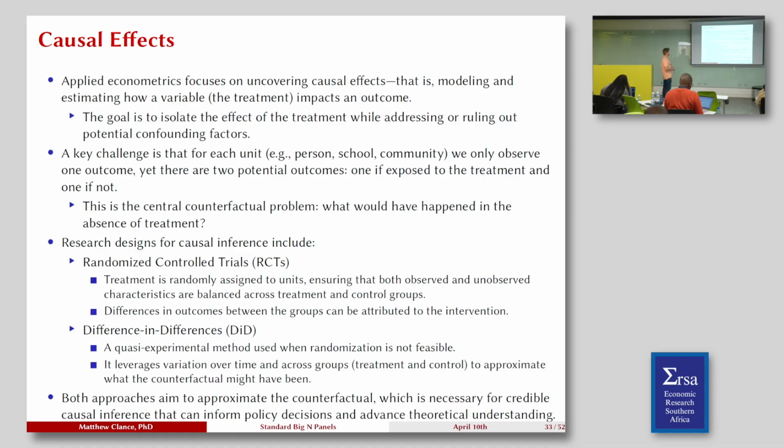Okay? So research design usually, in a nice world, would be something like a randomized controlled trial. Basically, treatment is randomly assigned to units, ensuring that both the observed and the unobserved characteristics are balanced across the treatment and control group.